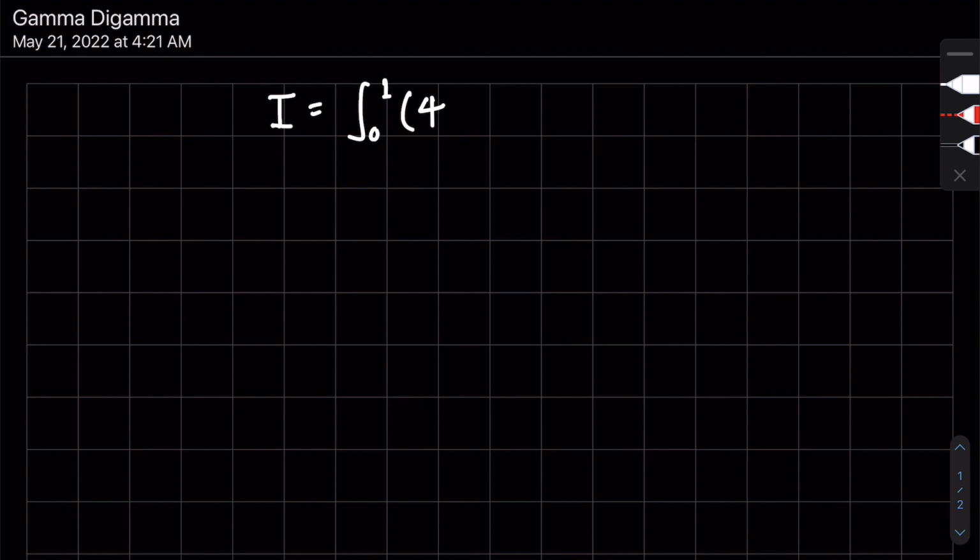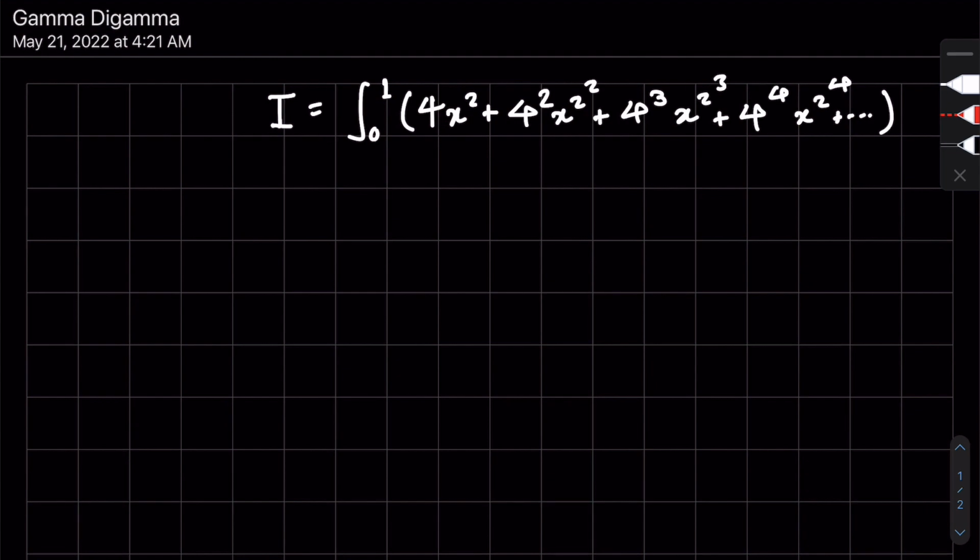I'm calling it I, integral from 0 to 1, 4x squared plus 4 squared x to the 2 to the 2, basically, 4 cubed x to the 2 to the 3, 4 to the 4th, x to the 2 to the 4th, and this is infinite.